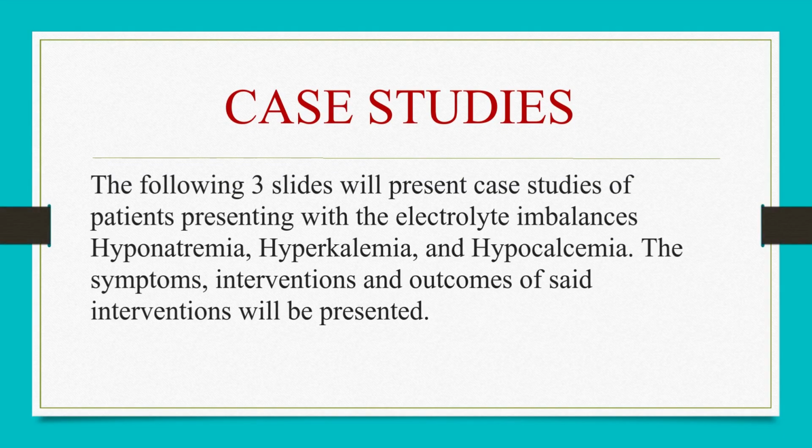Case studies. The following 3 slides will present case studies of patients presenting with the electrolyte imbalances hyponatremia, hyperkalemia, and hypocalcemia. The symptoms, interventions, and outcomes of said interventions will be presented.